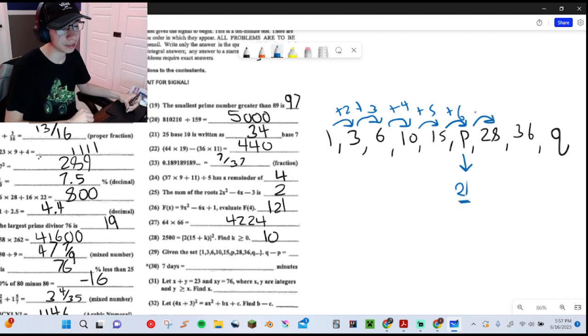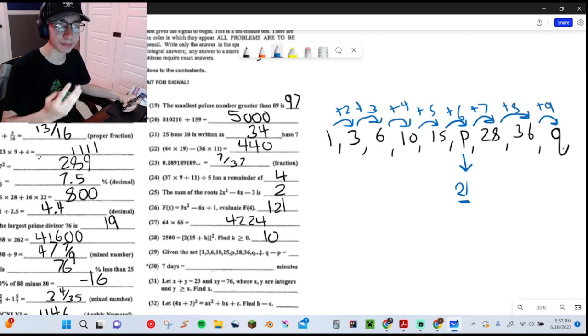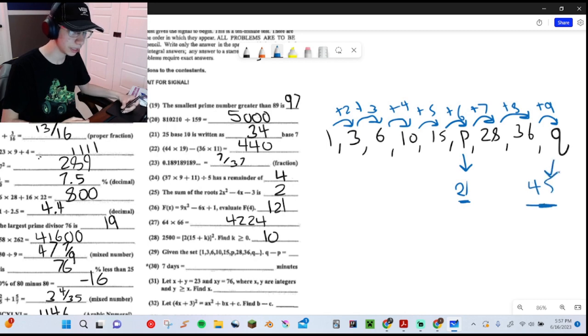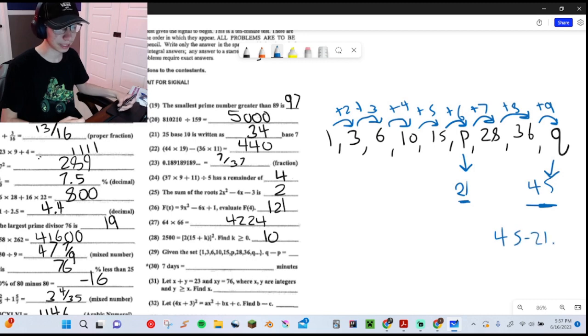I continue this pattern, I add by 7, 28. I add by 8, 36. So I gotta add by 9 to get q. So 36 plus 9, 45 is q. I want q minus p. 45 minus 21.